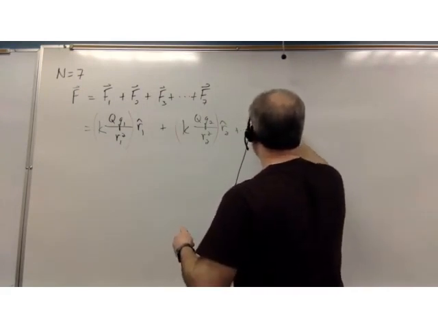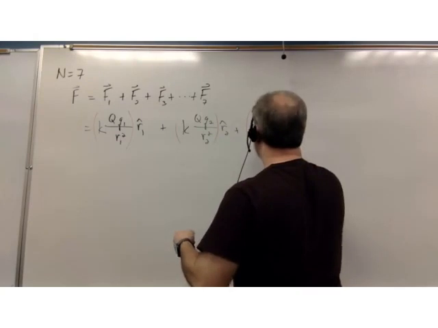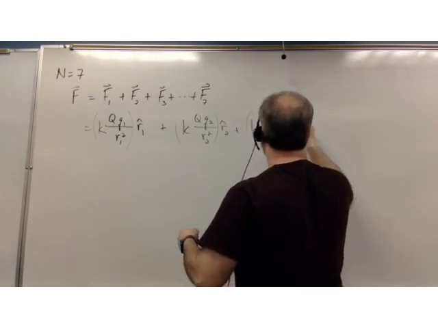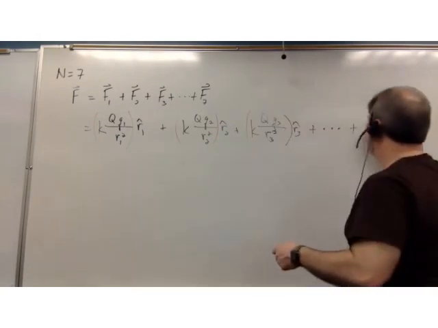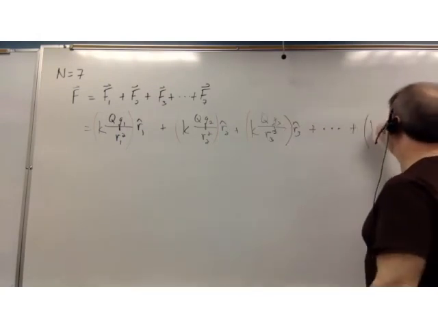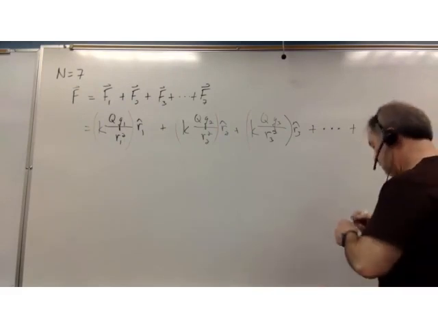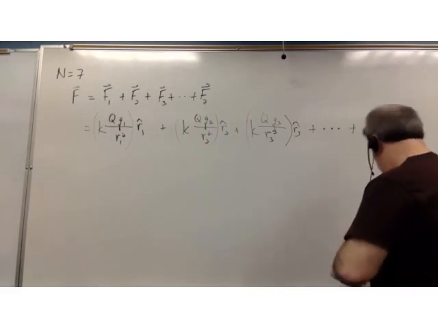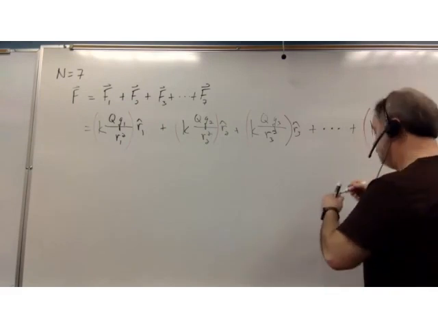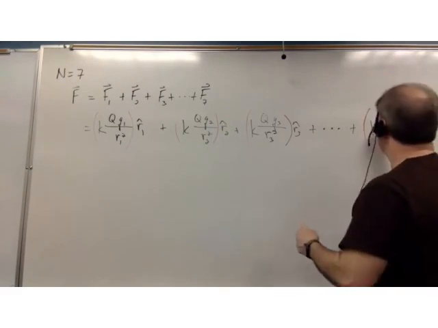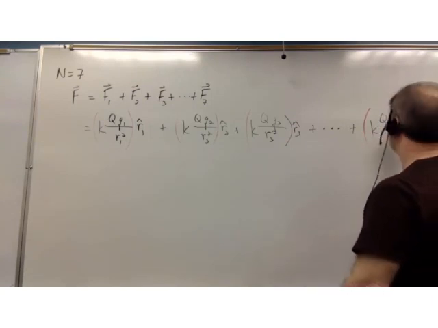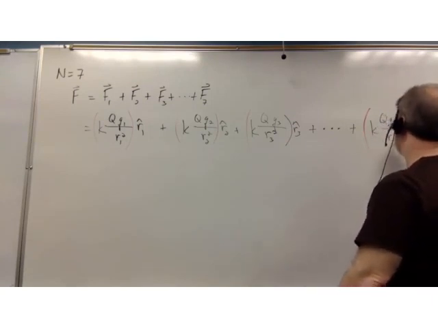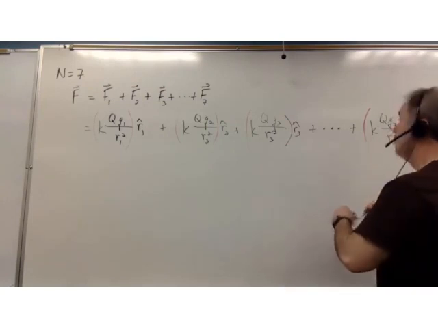Test charge, third source charge, R3 hat, all the rest of them, plus finally, just to write it, K Q times the final one, which is Q7 over R7 squared, R7 hat.